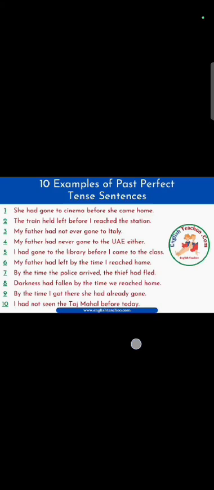My father had left by the time I reached home. By the time the police arrived, the thief had fled. Darkness had fallen by the time we reached home. By the time I got there, she had already gone. I had not seen the Taj Mahal before today.